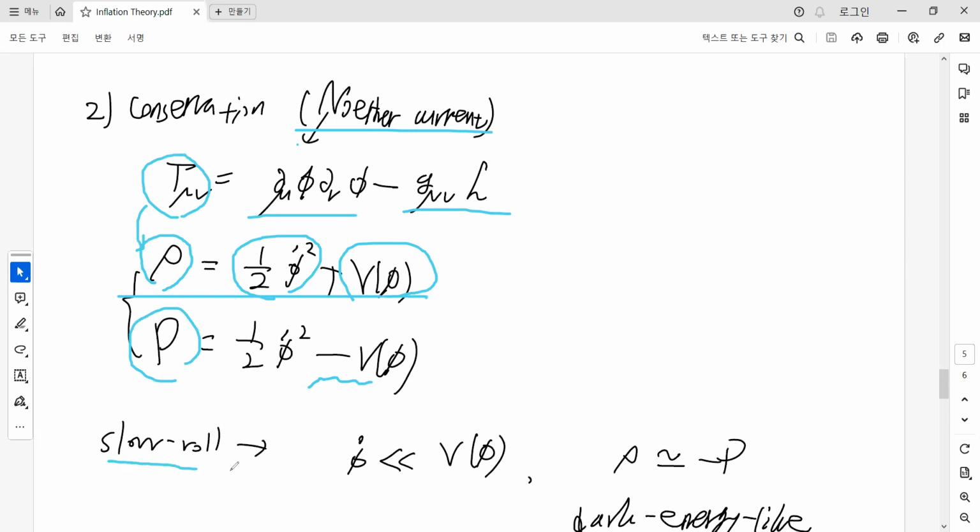In the slow roll condition, the change of the scalar field value is very small, so phi dot is extremely small compared with the potential. So the energy density and the pressure have opposite signs, which is like what we discussed in the lambda CDM model in the previous video.